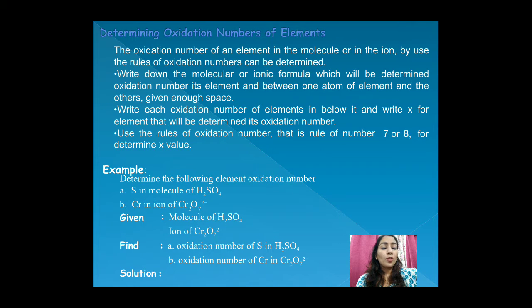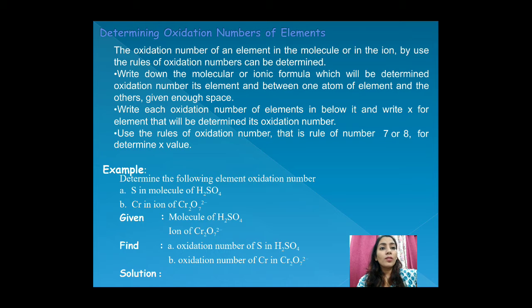There is a fixed process to determine the oxidation number of any element, with a few steps. By following those steps, we can find the oxidation state of that element in a particular compound.